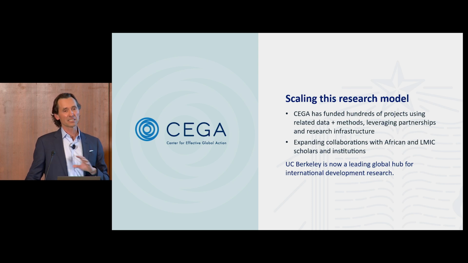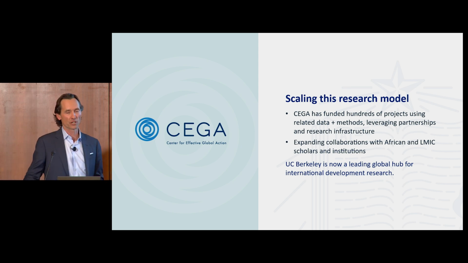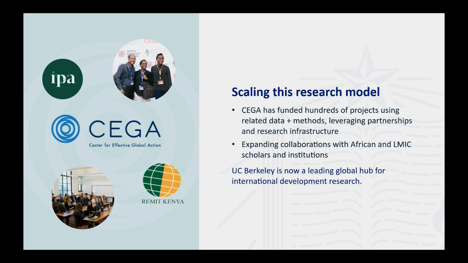Several dozen, I think 60, African scholars have visited Berkeley for a semester for training in these methods and for work and mentorship with faculty like myself and others in the room. It's just such an incredible pleasure to work with them, and also really an investment in research capacity in countries around the world so that more research of this kind can be carried out internationally. We've forged a lot of collaborations. I already mentioned IPA and REMIT.